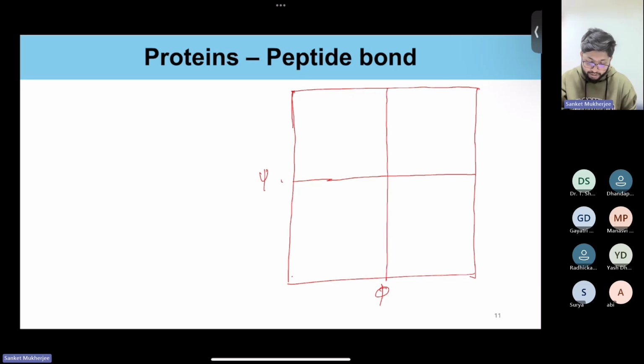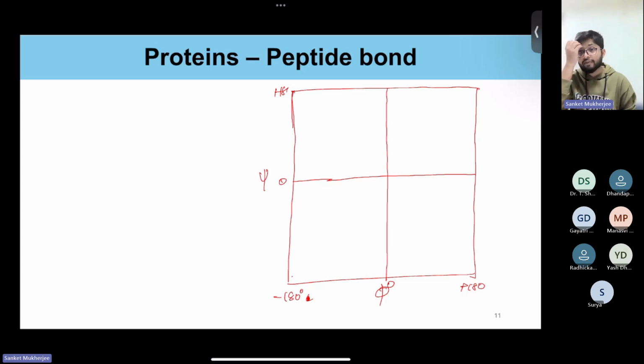It can range from minus 180 degrees, sorry, not Celsius, to plus 180 degrees. Same in this axis as well. And where your amino acid lies, based on the angles, will give you certain dots on this plot.